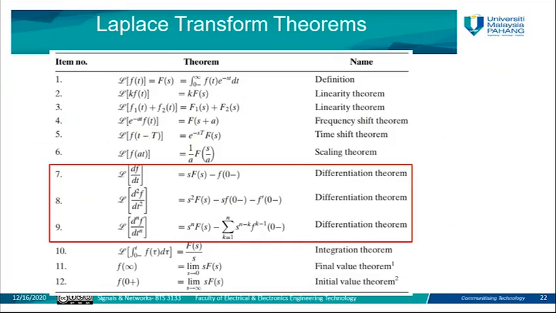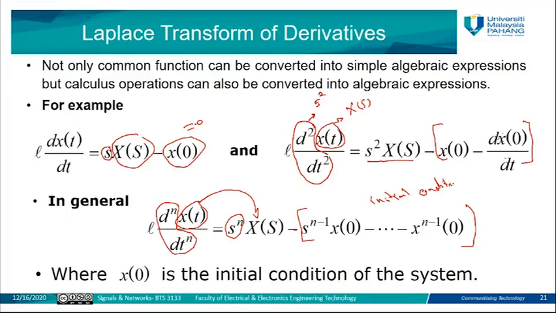That means F(s) here is the Laplace transform of f(t) only, and in our case f(t) is equal to u(t). But in the shift, the exponential will be the shift that we have calculated for this value.